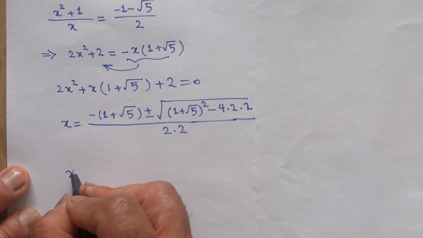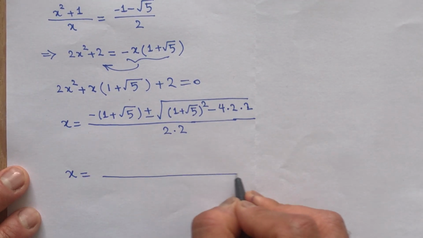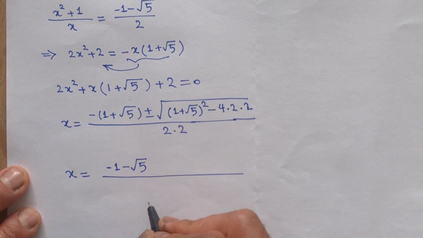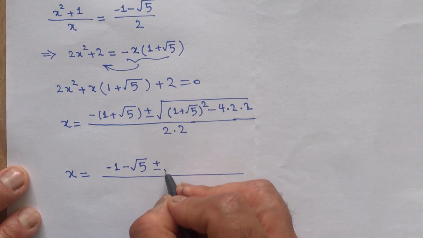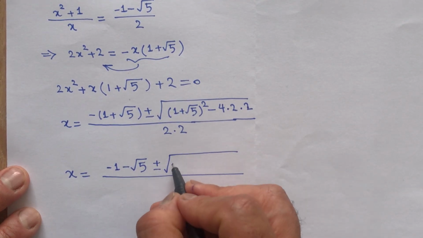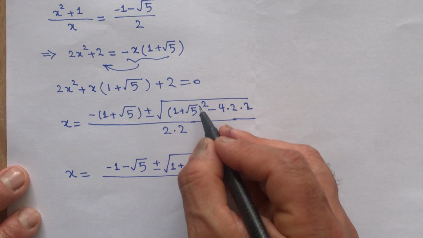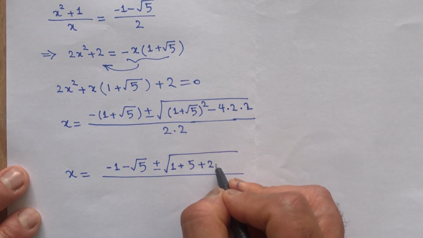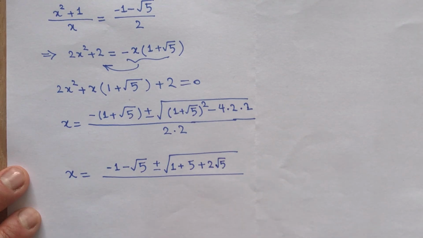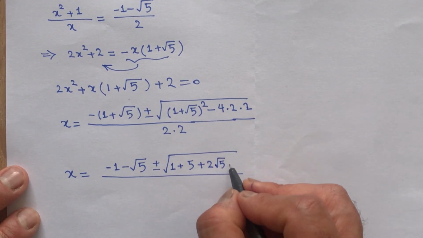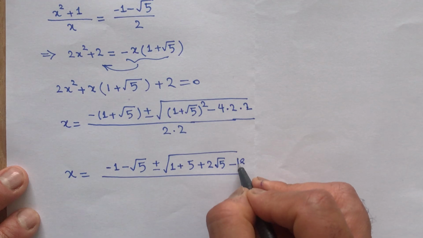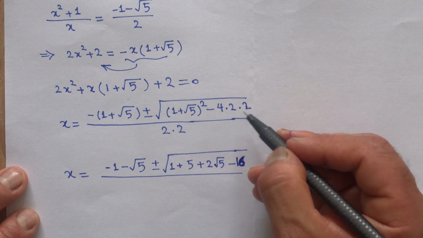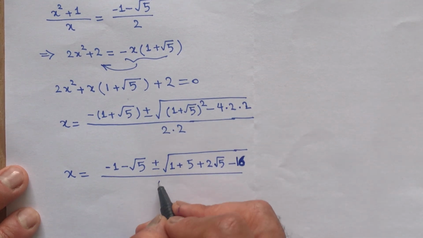Now again, x equals minus 1 minus square root of 5 plus minus, here again 1 plus this term squared is just 5 plus 2 times square root of 5, minus 16. 4 times 2 times 2 is 16, over 4.